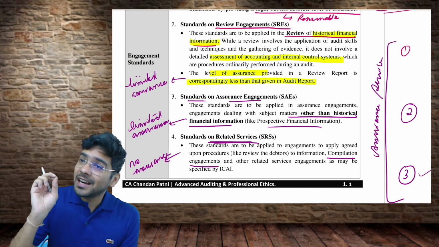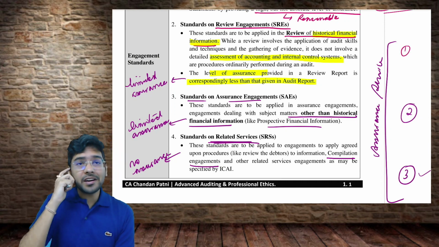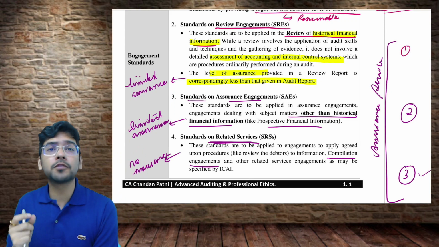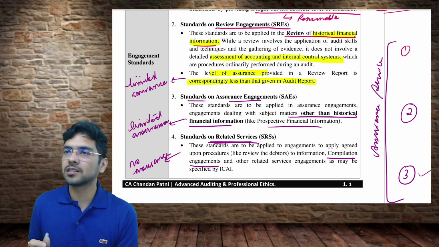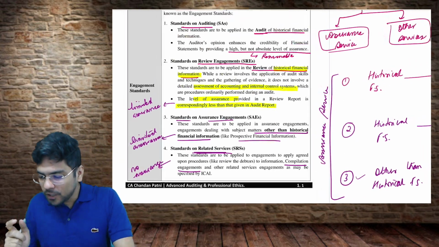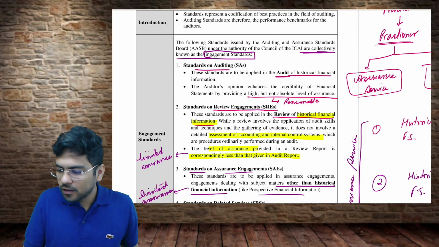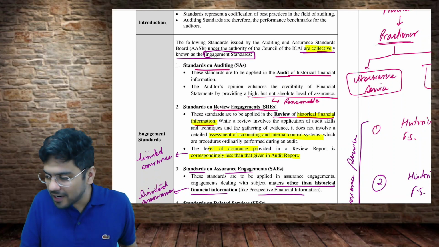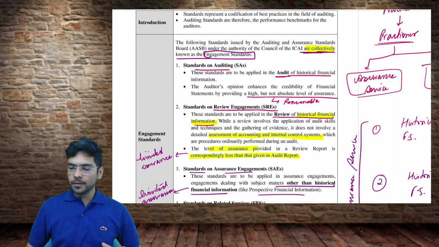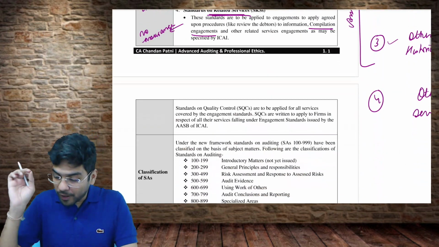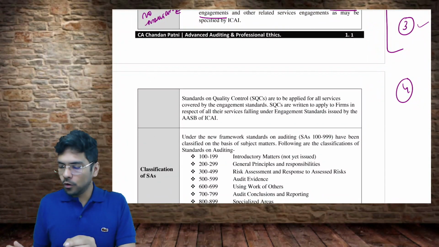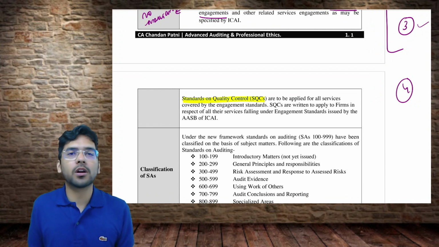Related service. And even if you are giving any related services, you have to comply with the standards, which we call it as what? SRS. Okay, but guys, apart from these 4 standards, please mark this word, they are collectively called as what? All these 4 standards collectively, it's an umbrella term, it is called as engagement standard. Okay, but in addition to this, did I not tell you that you also have to comply with what?